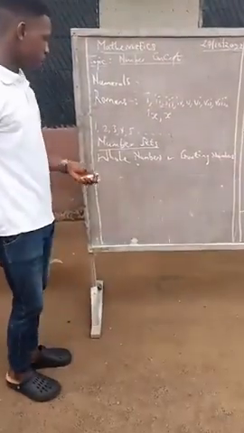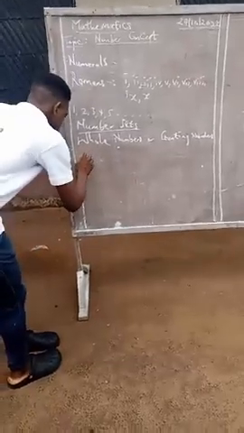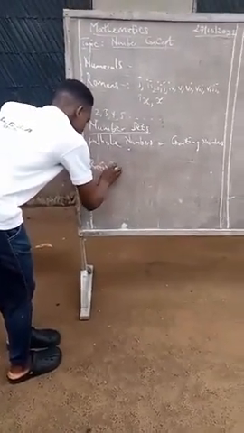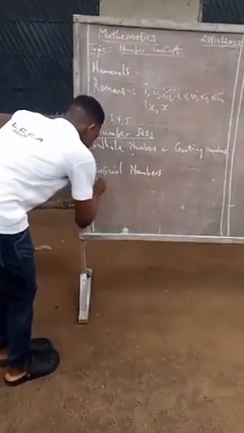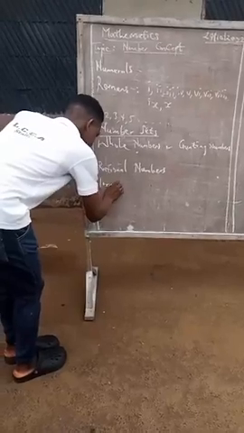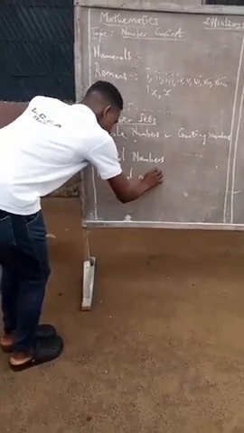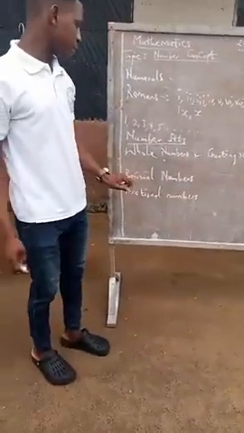We also have the rational numbers. We have the irrational numbers, and so forth. Let's just establish on these three.